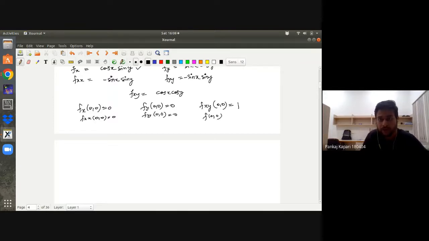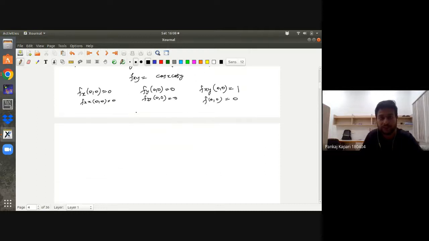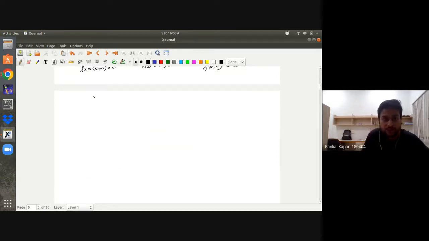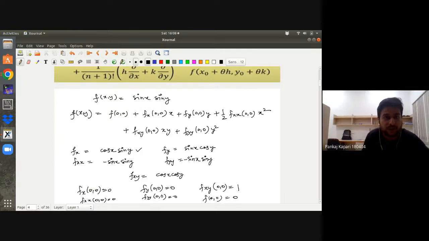Also, the function itself takes value 0 at origin. Now you just put all these values in the series which we have constructed. Let's denote this series by some other symbol, because we are already using f to denote the function. Since it's just a polynomial in two variables, we'll denote it by p(x, y). So this is our approximation.